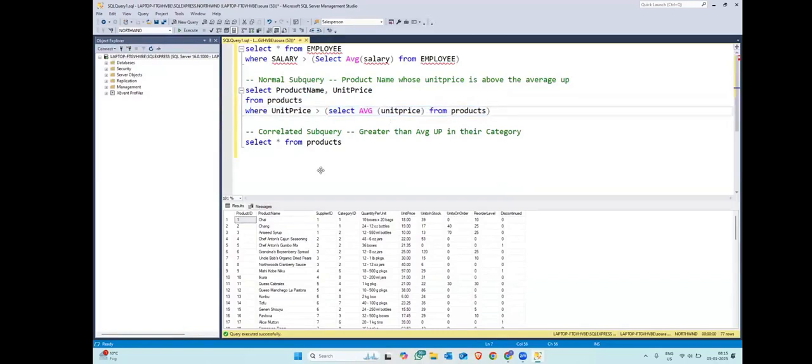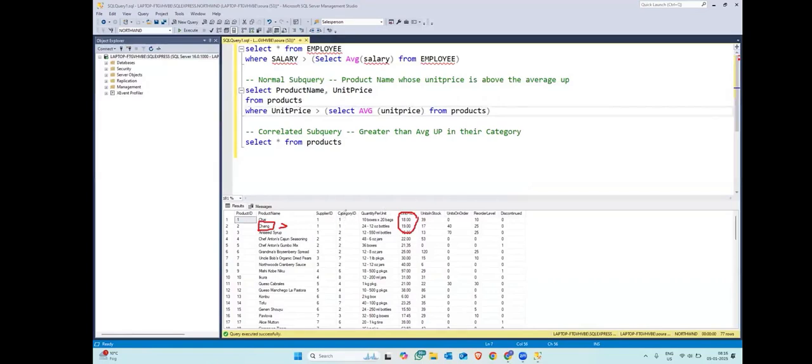Perfect. Here, to calculate the average unit price, let us say I want to check if Chang, this product, is having a greater value than the average unit price or not. But to calculate the average unit price, I will have to know what the category is.